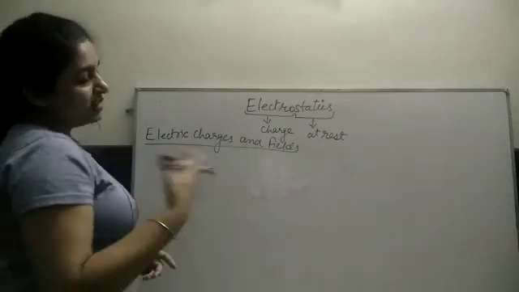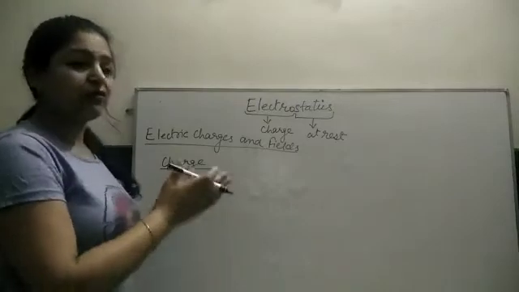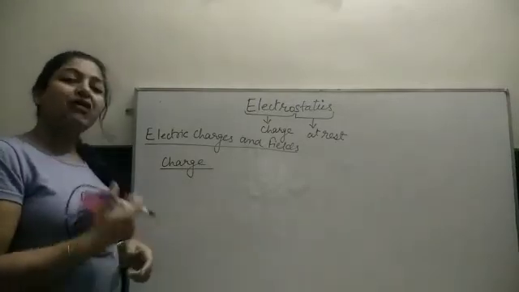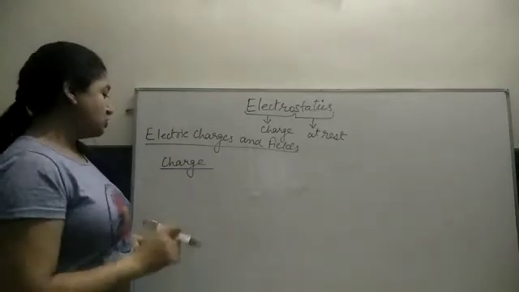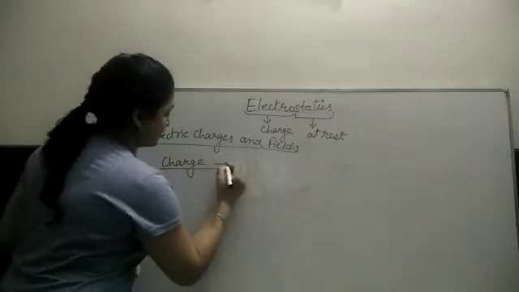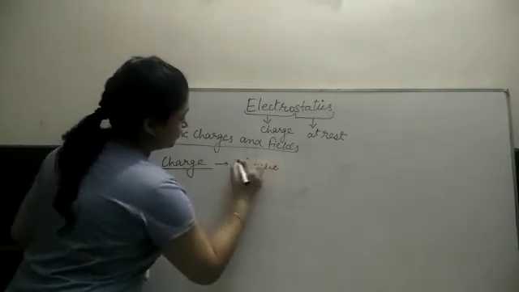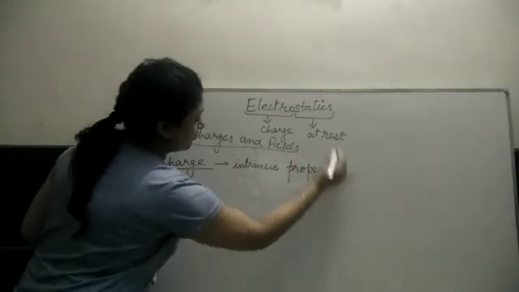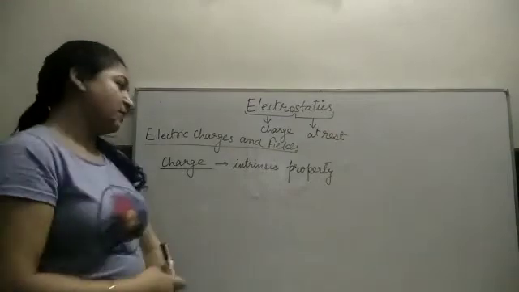Now, when a body has charge, charge is the intrinsic property of a body which is able to attract or repel another body having the same property. So charge is the intrinsic property of any object. As mass is an intrinsic property, charge is also an intrinsic property.